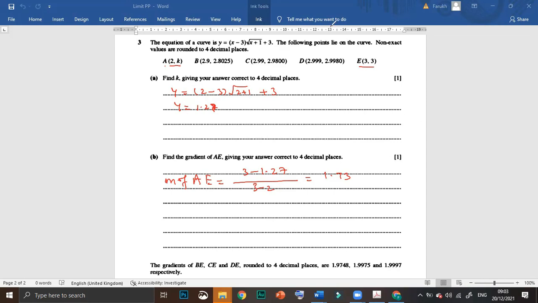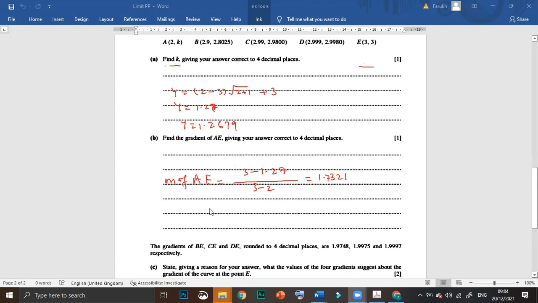Sir, it said 4 decimal places, so we will write in 4 decimal places. The y value is 1.2679. What will the gradient be in 4 significant figures? 1.7321. This one is the value of the gradient.